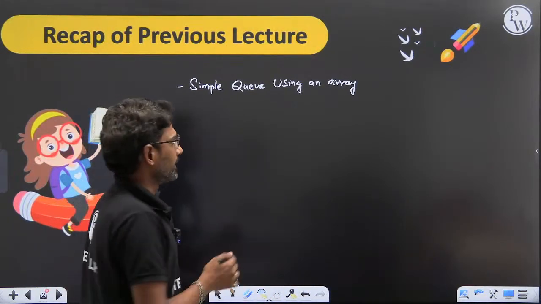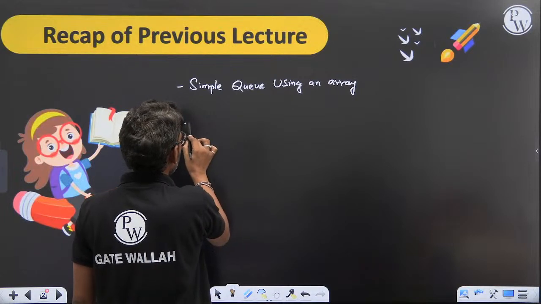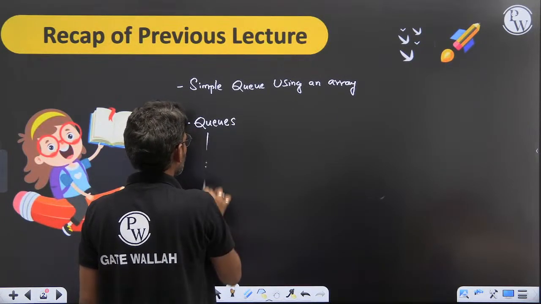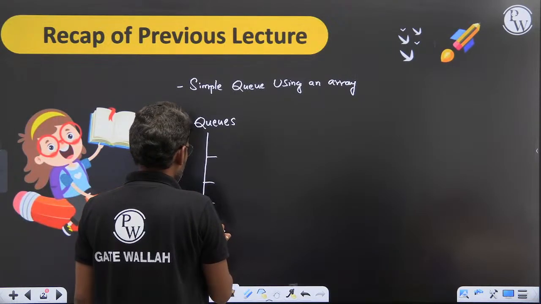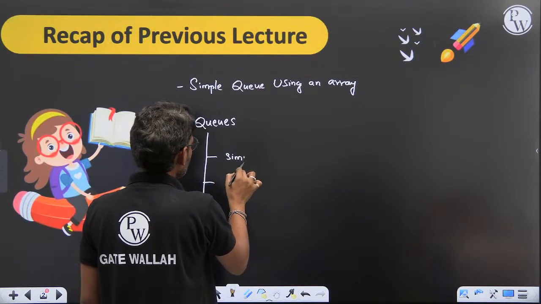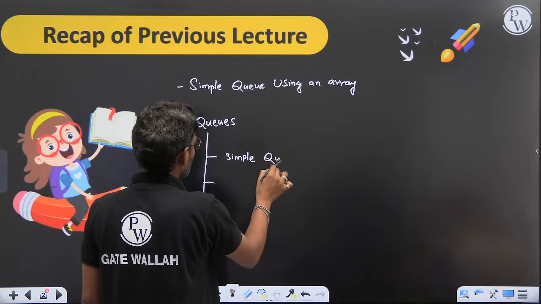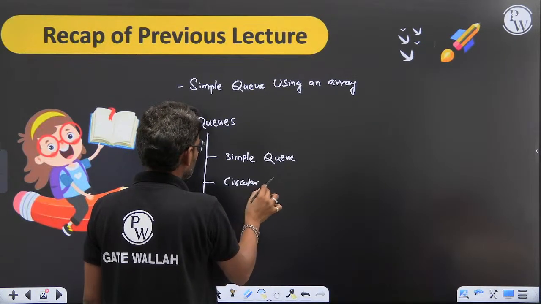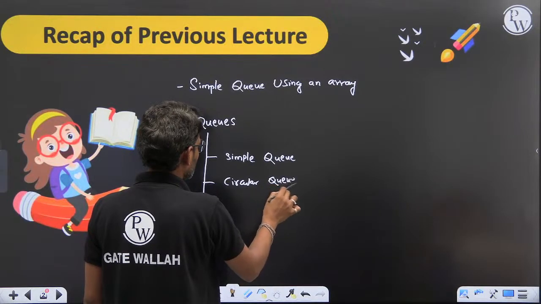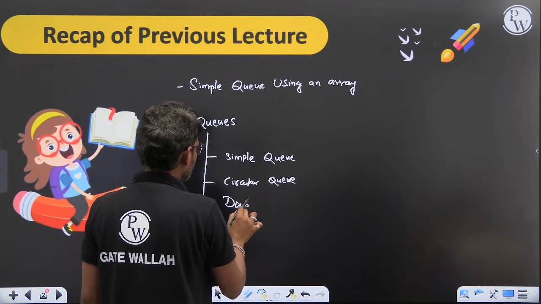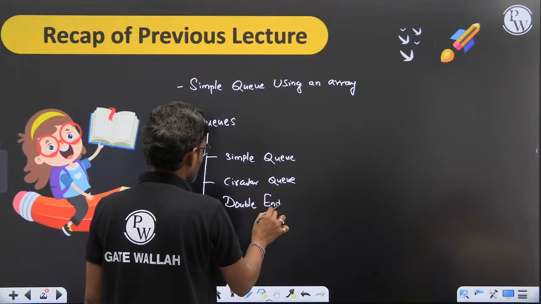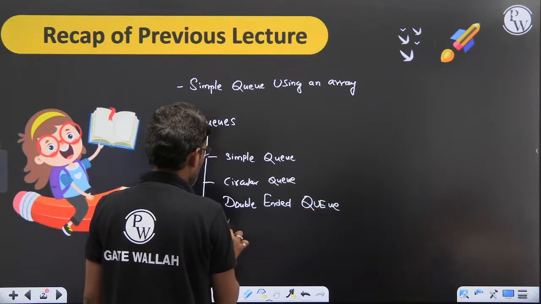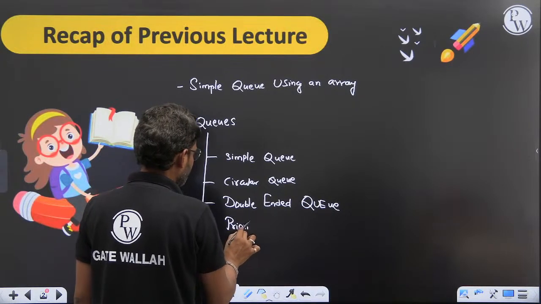We have four different forms of queues: simple queue, circular queue, double-ended queue, and priority queue.